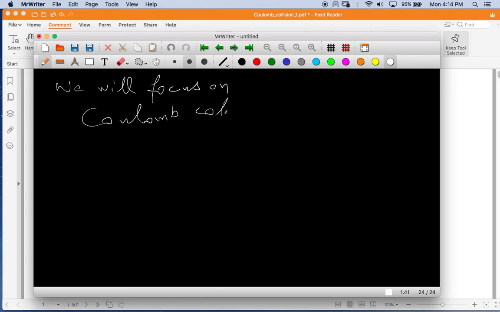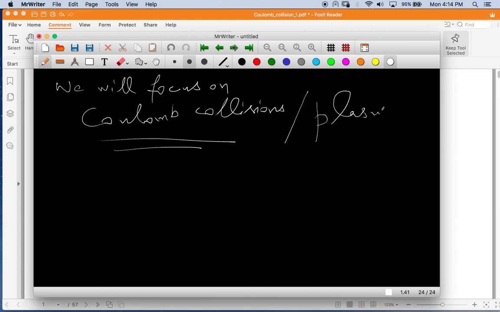Since we talk a lot about Coulomb collisions in this course, and how Coulomb collisions and the plasma parameter, okay, I thought I should go over the details a little bit.